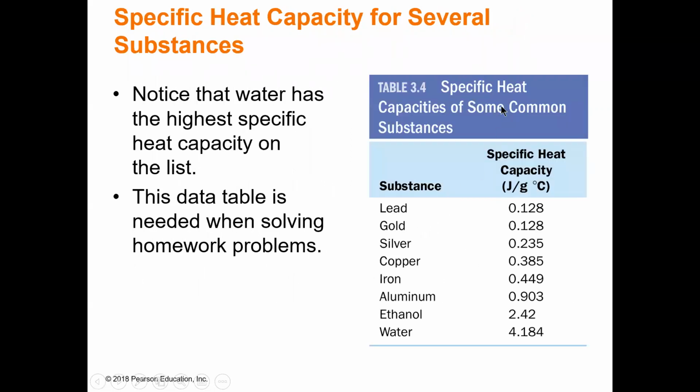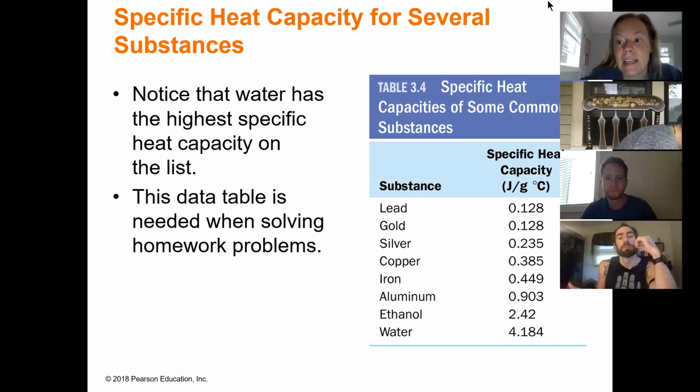So here's a list of specific heats. These are consistent with whatever the material is. So if I'm dealing with lead, it always has this specific heat. What you'll notice is that water actually has the highest specific heat capacity on the chart, which is kind of weird because you would think we need more energy to melt a metal.